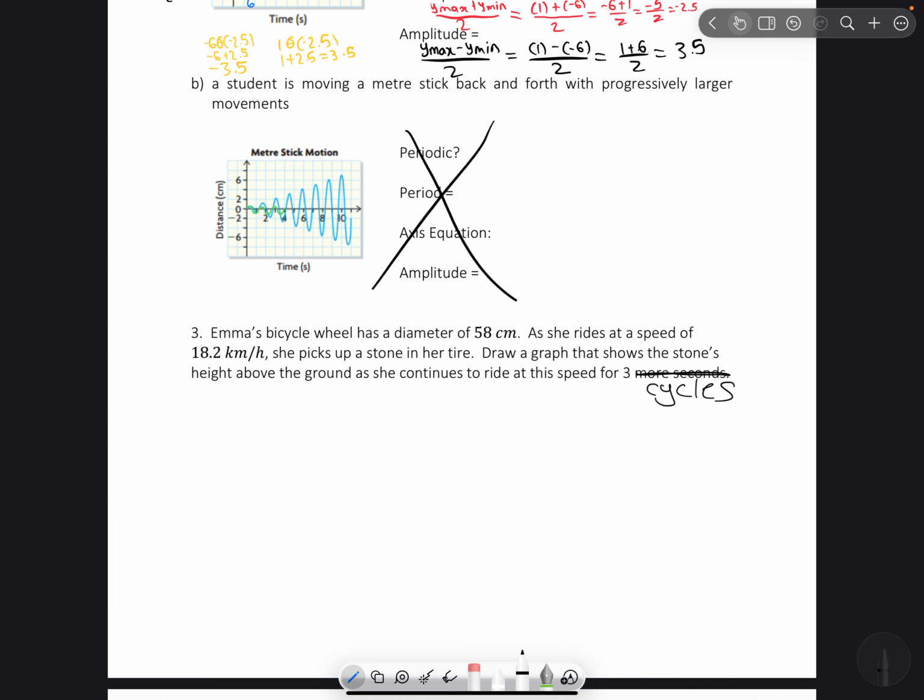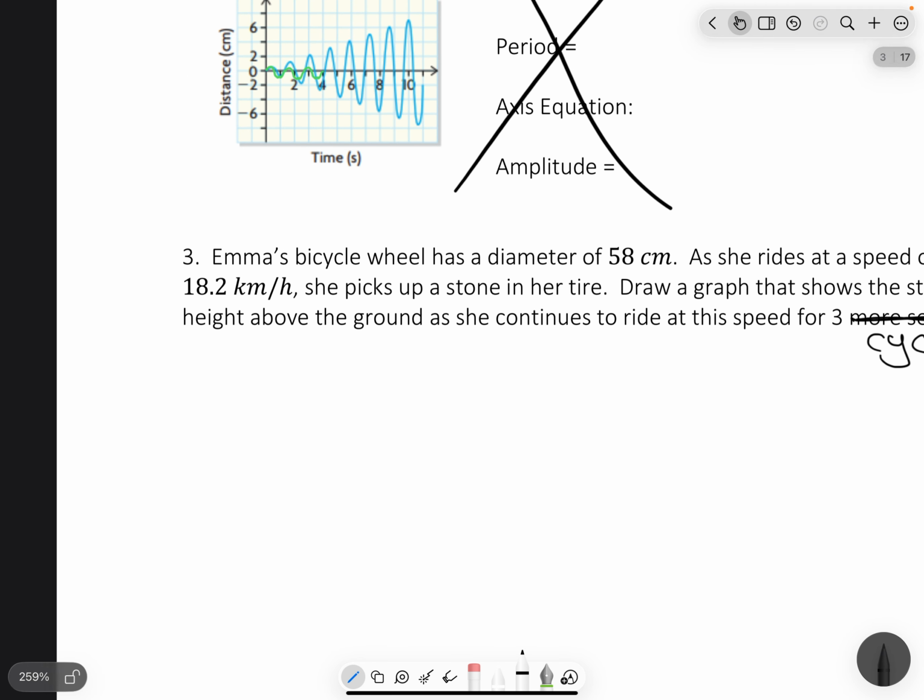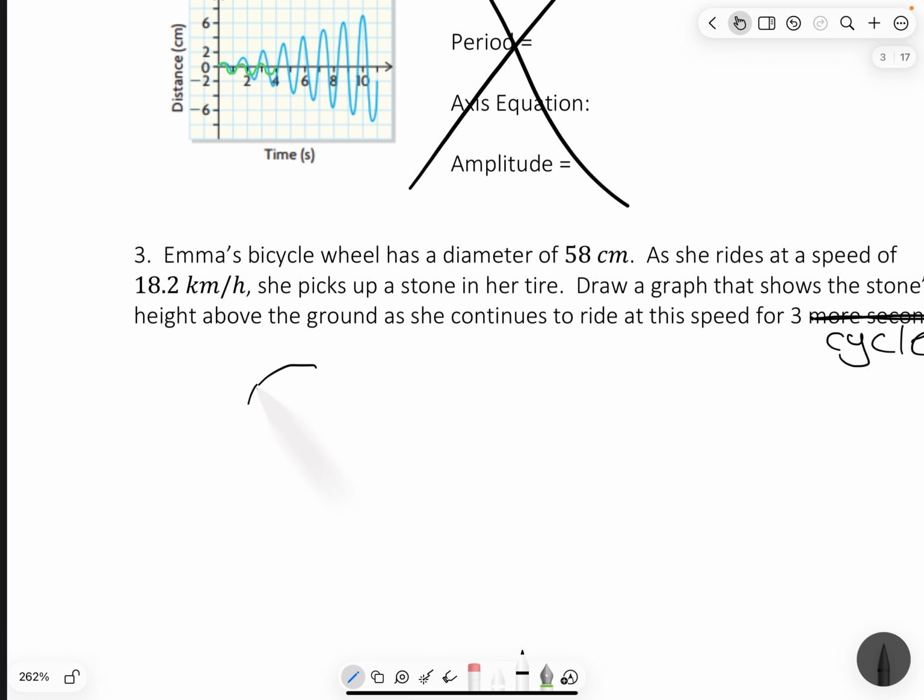Okay, so let's help ourselves visualize this. I'll draw a circle here, a sketch. We know its diameter is 58 centimeters, right? We know that 2r is equal to the diameter. 2 times radius is equal to diameter.